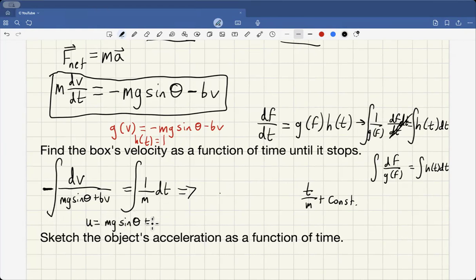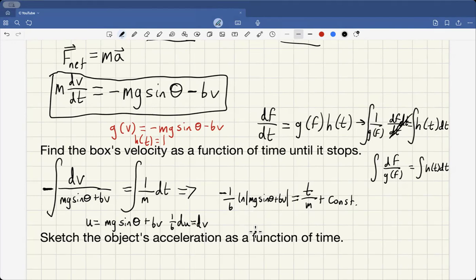So u is going to be that, du times 1 over b will give you dv. Okay, yeah, that works pretty well. You're going to get a negative 1 over b times the natural log of mg sine theta plus bv.